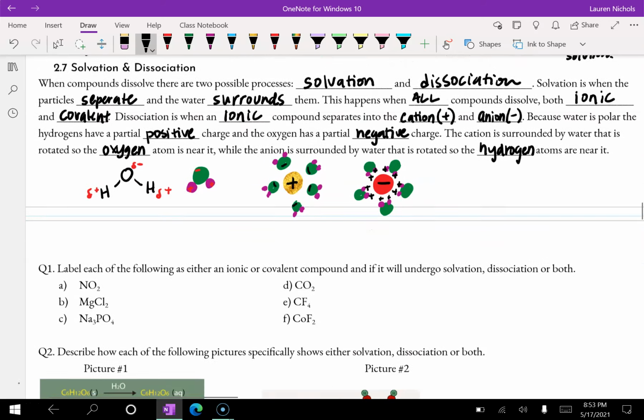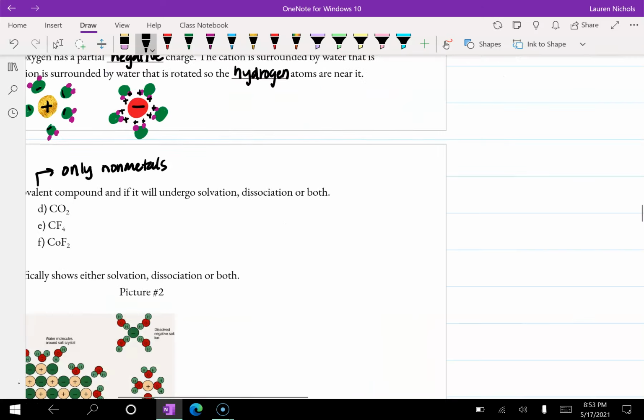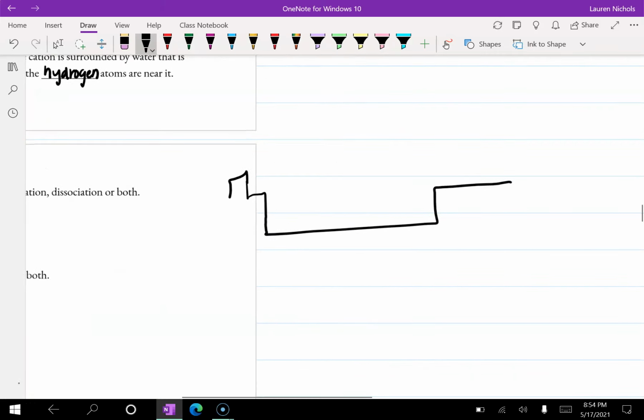And so one thing you have to be able to do is decide if something is ionic or covalent. Now, if something is ionic, that means it has a metal and a nonmetal in the compound. If it's covalent, that means it has only nonmetals. So as a refresher, when you look at your periodic table, let's say this is our lovely periodic table that I just drew.